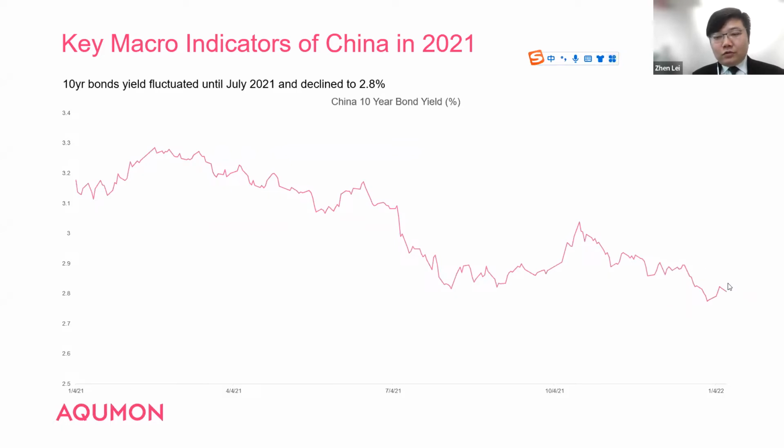And recently, I think it went down below 2.8% after the interest rate cut announced on January 17th, just a few days ago.